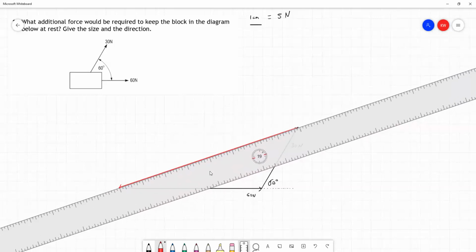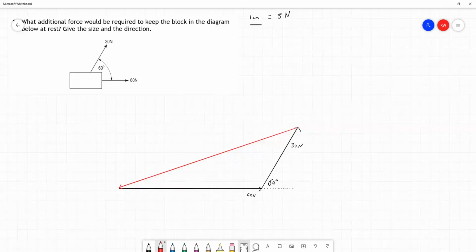So I'm going to start off there and count along. 2, 4, 6, 8, 10, 12, 14, 15, or maybe it's about 15.8 centimetres. Now I'm having to be very approximate here. You'd be much more accurate on a real ruler and paper.